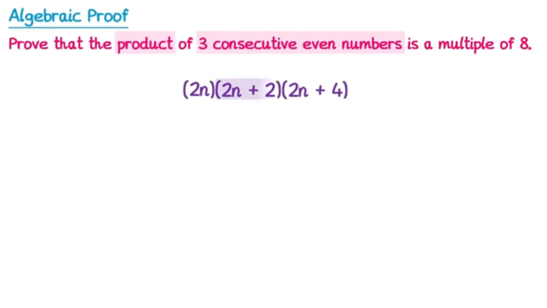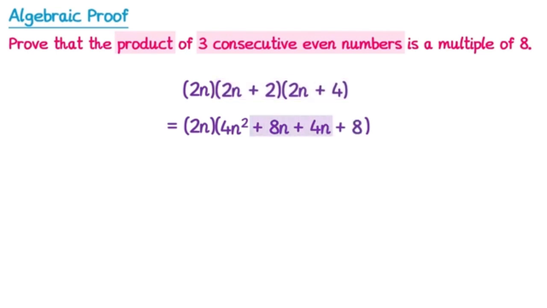We'll start by expanding this double bracket. So we have 2n, and we'll write the result of our expansion inside this big bracket here. So 2n times 2n, 4n squared, 2n times 4, 8n, 2 times 2n, 4n, and 2 times 4, 8.